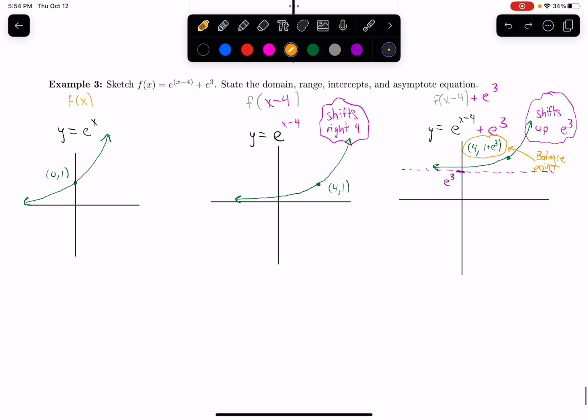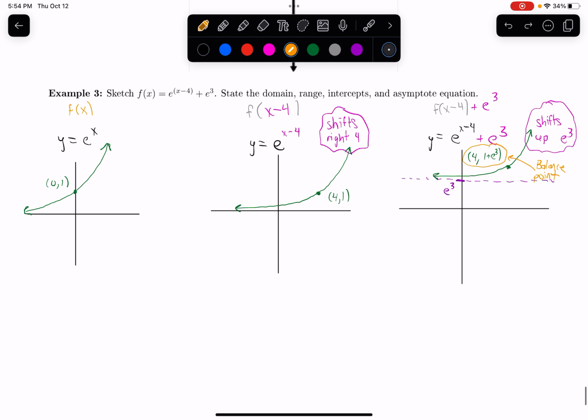Okay, so I got the shape of my final graph. I need intercepts. So let's get those. So y-intercept. For my y-intercept, I plug in 0 for the x. So I'll plug in 0 for the x in my formula. So that'll give me y equals e to the -4 plus e to the 3. And there's no exponent rule that I can use to simplify this.